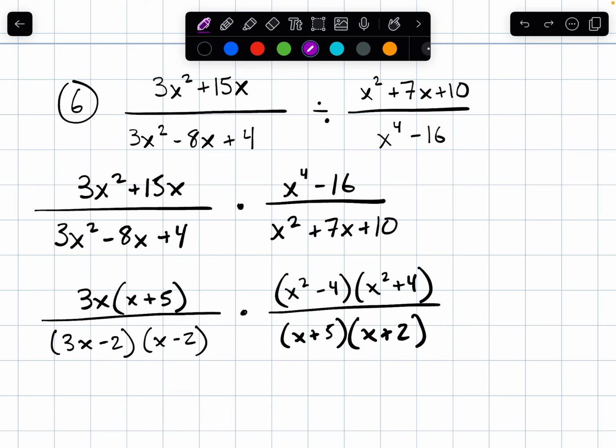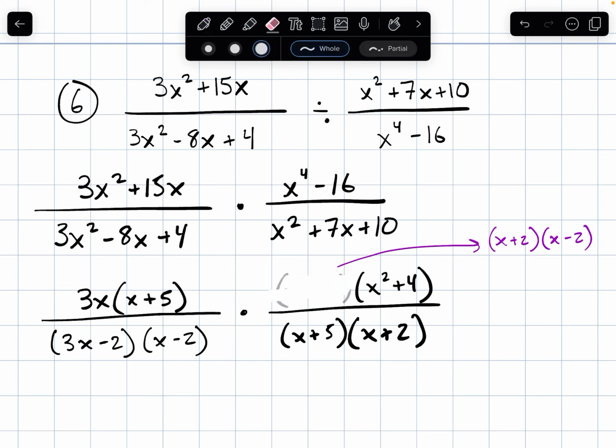One last thing that I see that I can factor is this binomial right here. It turns out that when you use difference of squares on x squared minus 16, it ends up factoring into another difference of squares. So we know that this is really x plus 2 times x minus 2.